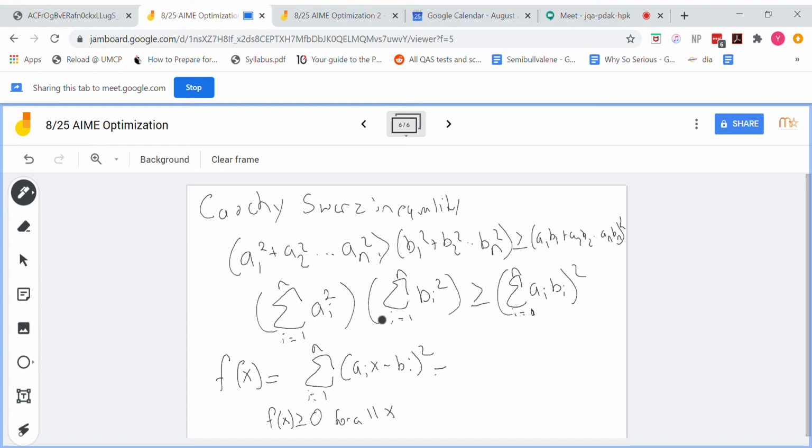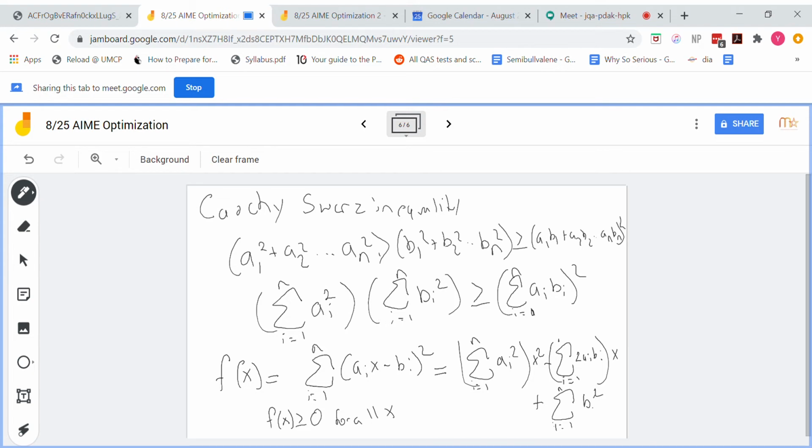And we can rewrite this. If we expand all the terms, we have the sum of ai squared times x squared, minus the sum of 2 ai bi times x, plus the sum of bi squared, with i equals 1 to n.